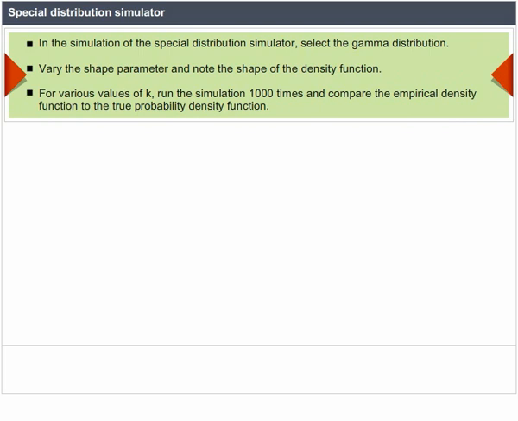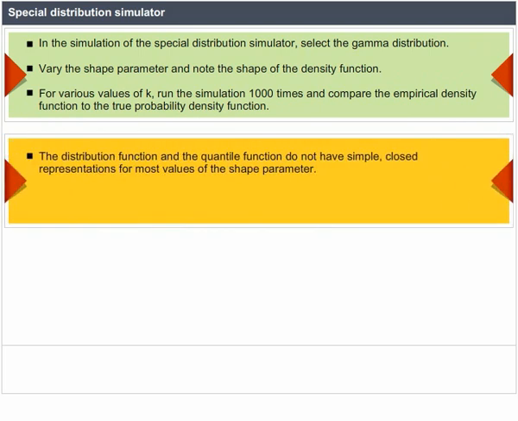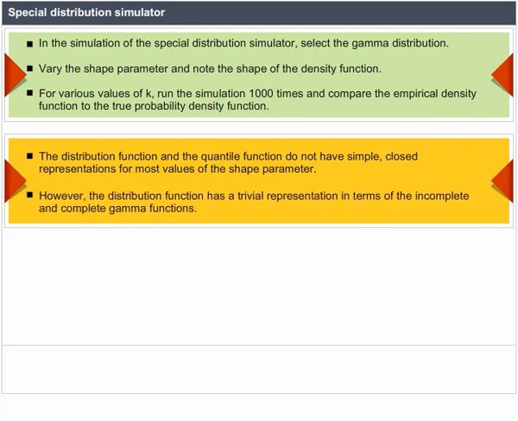The distribution function and the quantile function do not have simple, closed representations for most values of the shape parameter. However, the distribution function has a simple representation in terms of the incomplete and complete gamma functions.